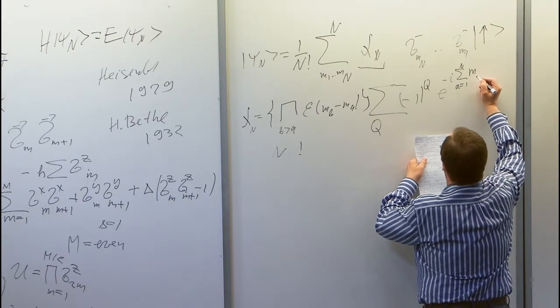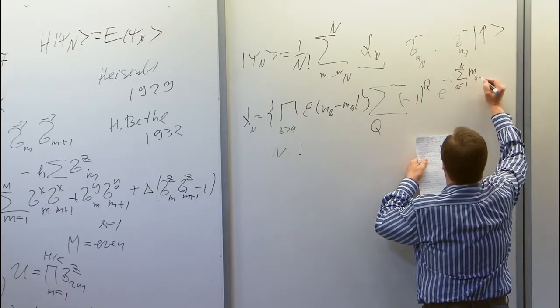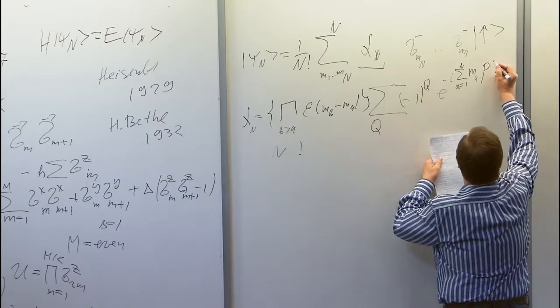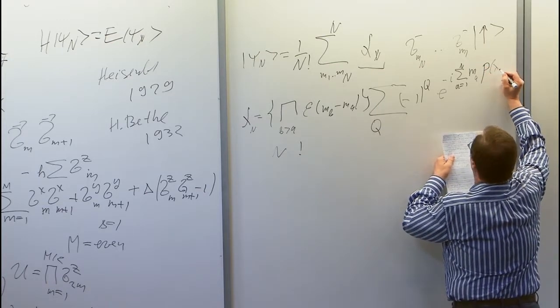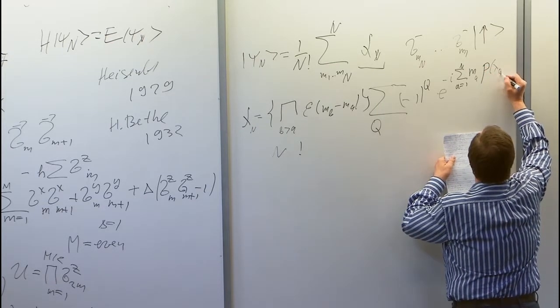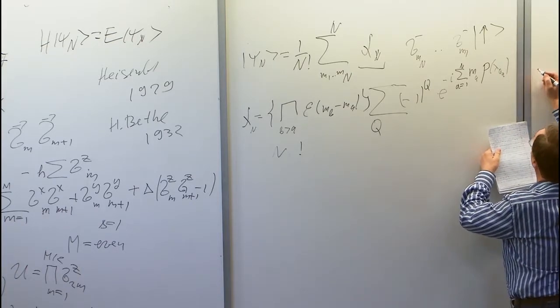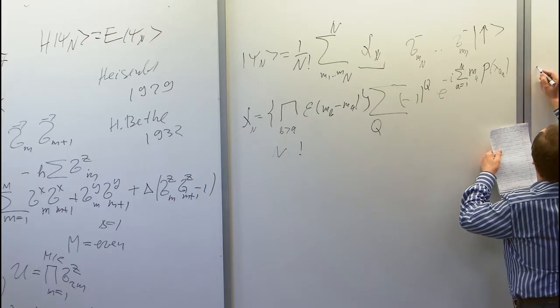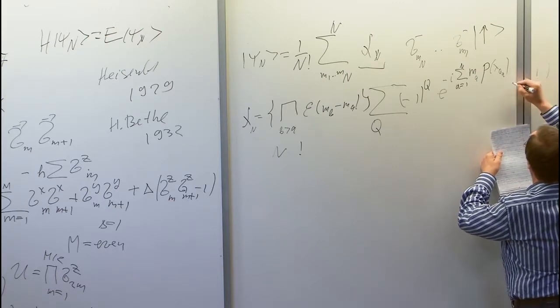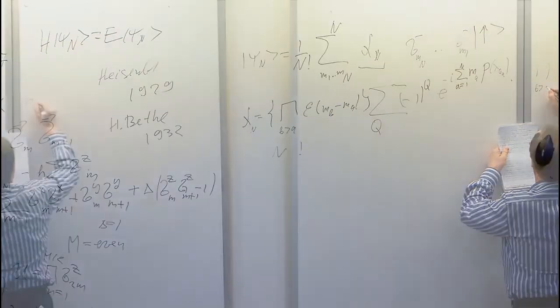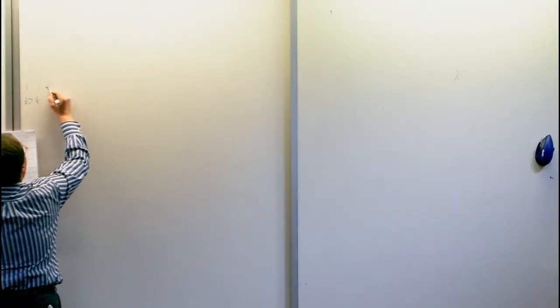M is the coordinate, the x position of the spin down. P is the momenta. Well, the momenta we shall later parameterize with something else, with some spectral parameter or rapidity. That's the lambda, which will be clarified soon. And there is a pairwise interaction. There is a double product here, multiplied by a product.